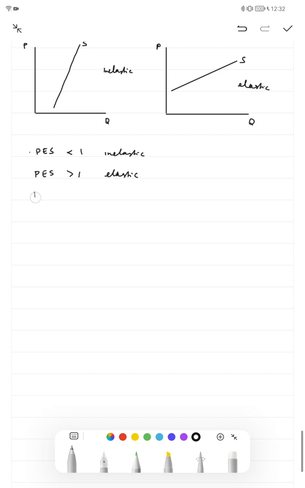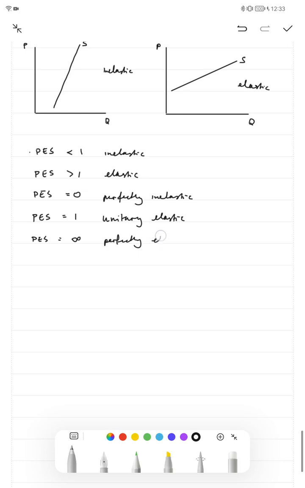If your PES is equal to 0, it is perfectly inelastic. If your PES is equal to 1, it is said to be unitary elastic. And if your PES equals infinity, it is said to be perfectly elastic.